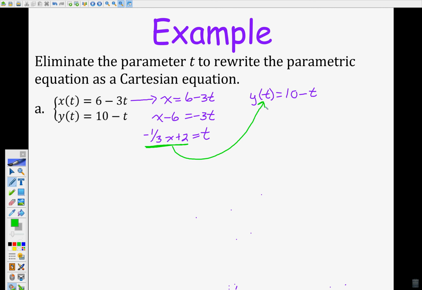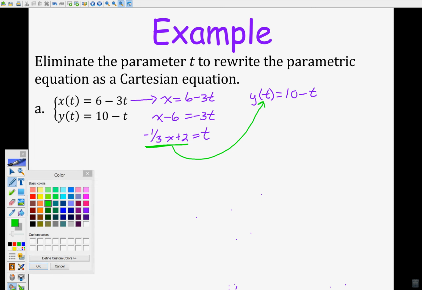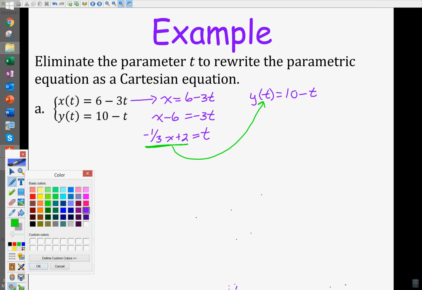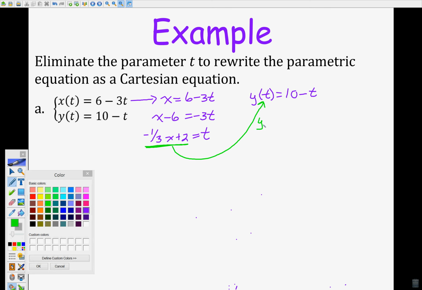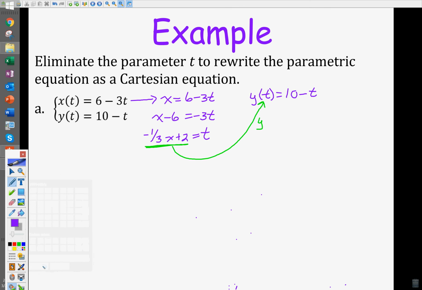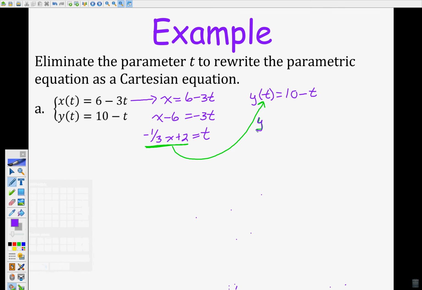So instead of t, I am plugging in negative 1/3 x plus 2.